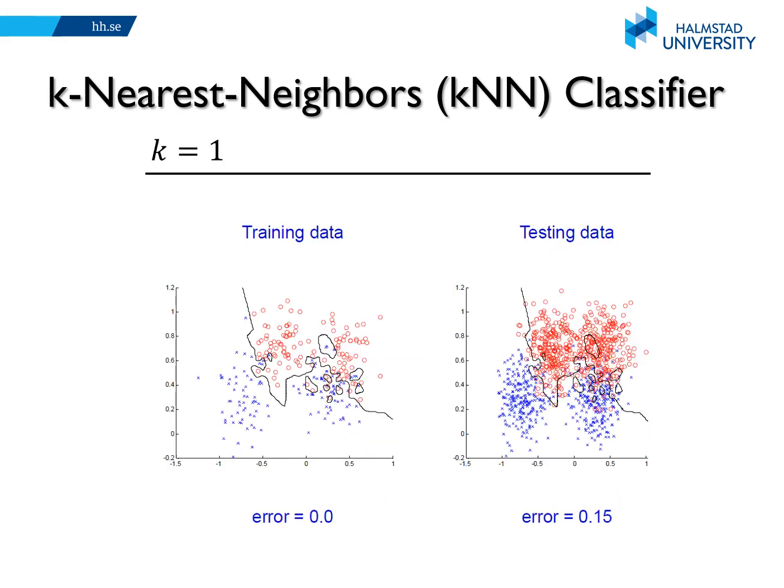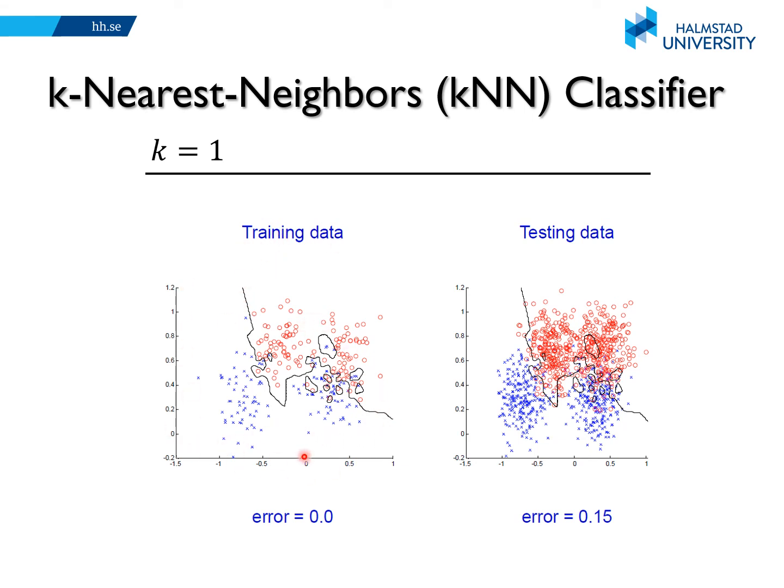To explain a bit more what we just said, let's take this example, and here k is equal to 1. So this is the training data, and this is new test data. If you use the k-nearest neighbors with k equal 1, then you get this decision boundary on this training data.